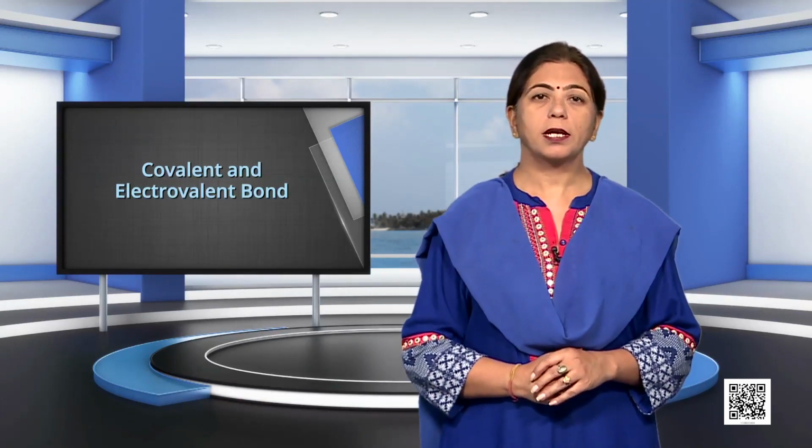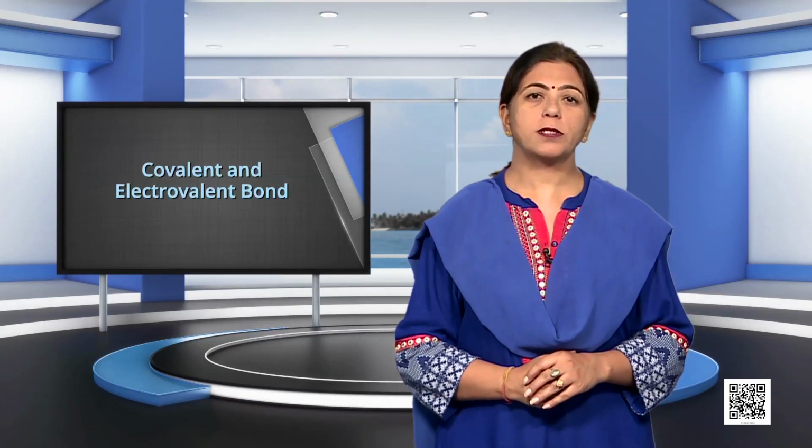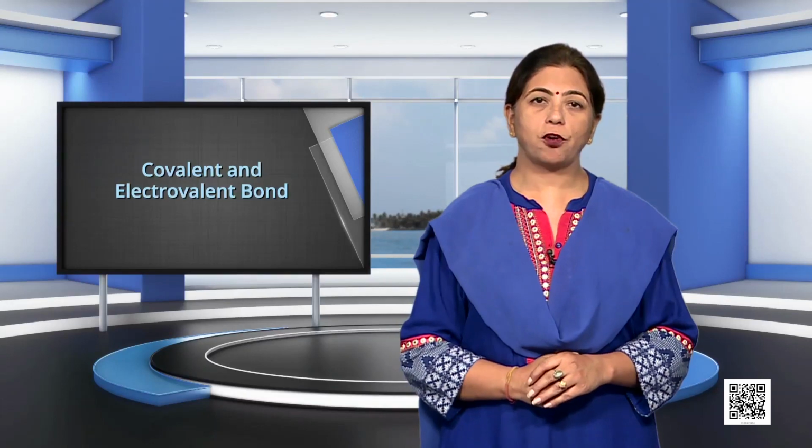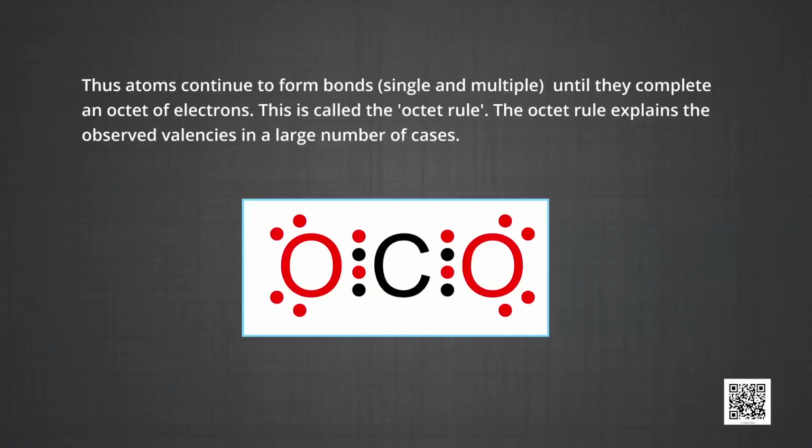This octet can be made up from some electrons which are totally owned and some electrons which are shared. Thus, atoms continue to form bonds, single and multiple, until they complete an octet of electrons. This is called the octet rule.